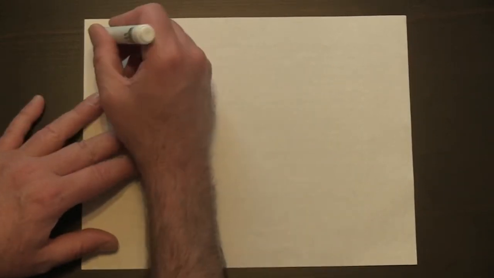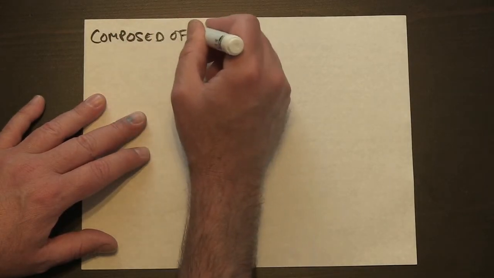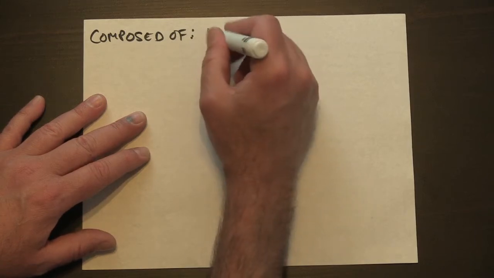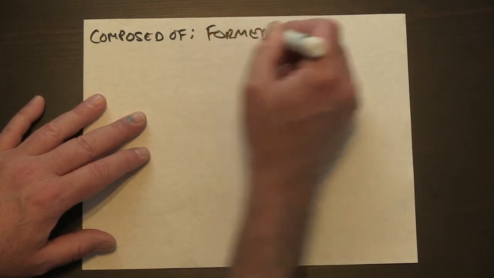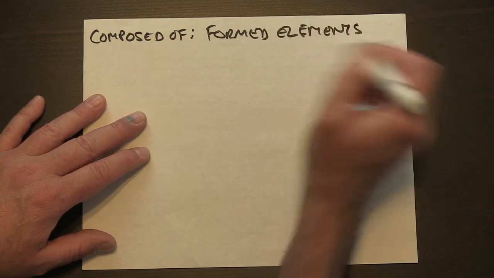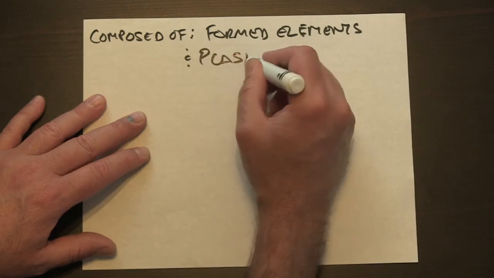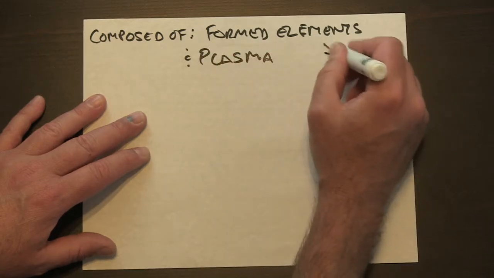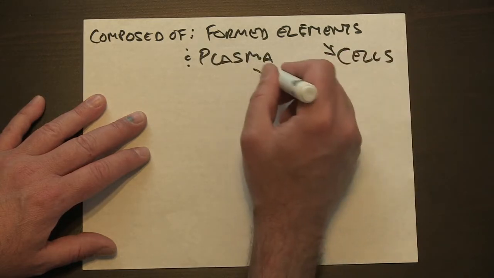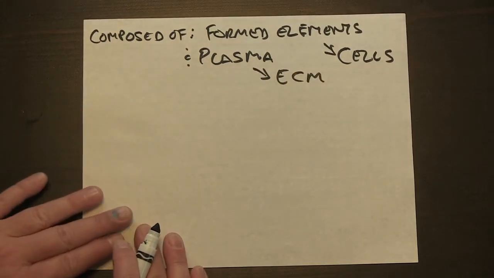The blood is composed of what are called the formed elements and plasma. The formed elements are the cells, and the plasma is, like I said, the extracellular matrix. We'll talk more about what that actually is.